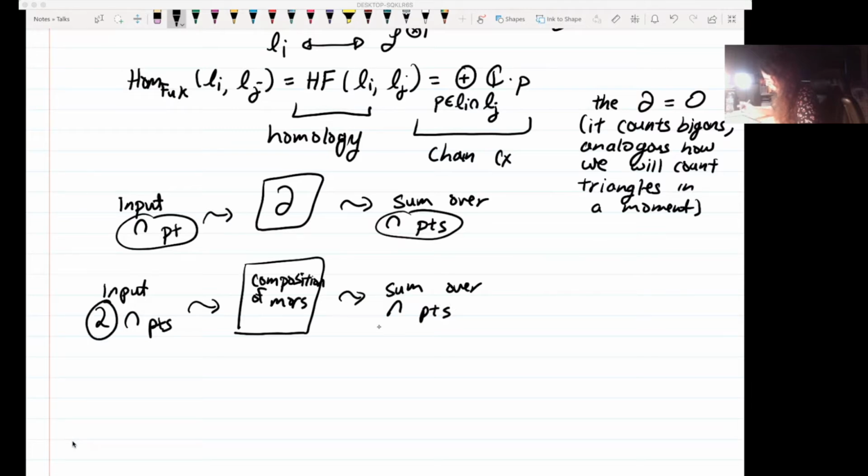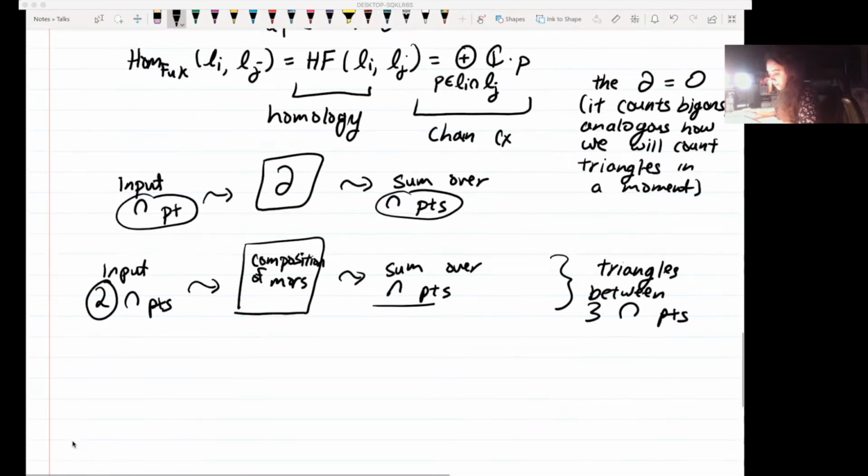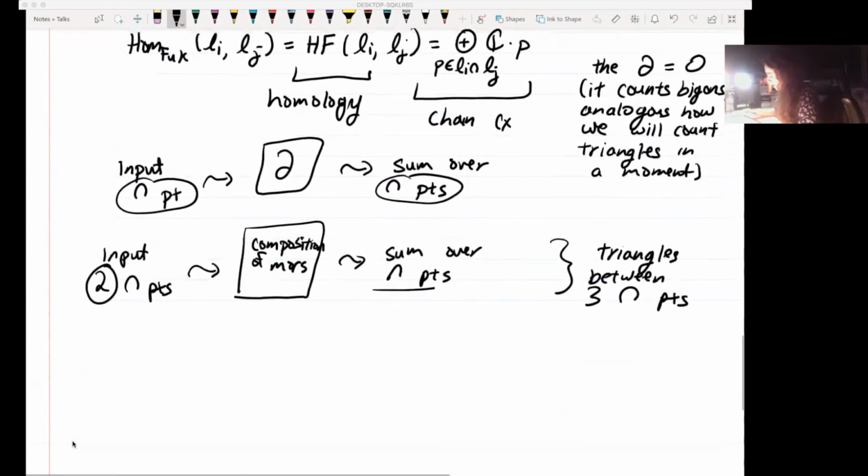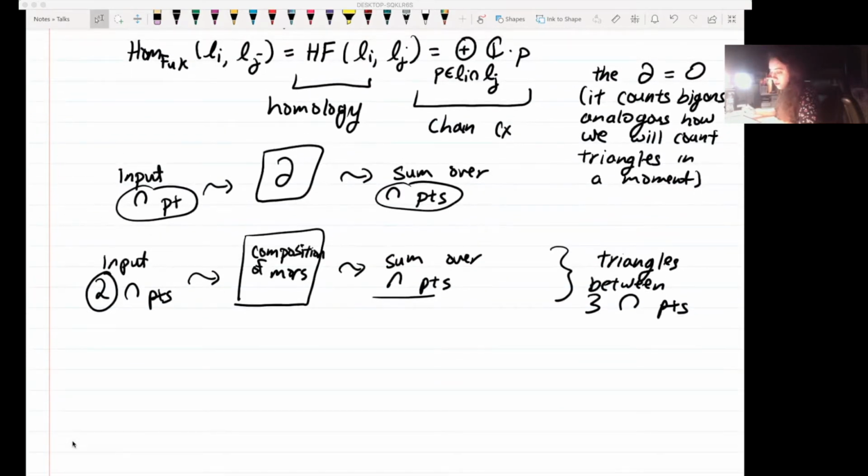So this 2 here and the 1 point here tell us that we have triangles between 3 intersection points. So before I do that, I just wanted to say why this is natural, that these intersection points should match up with the Ext groups.